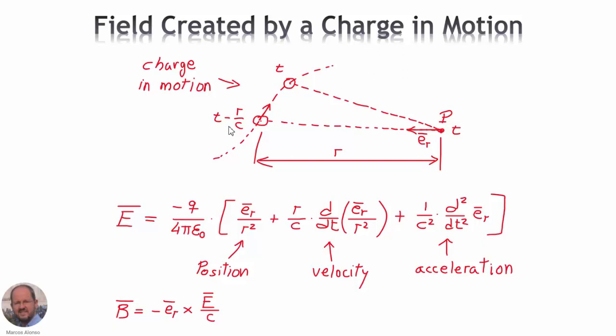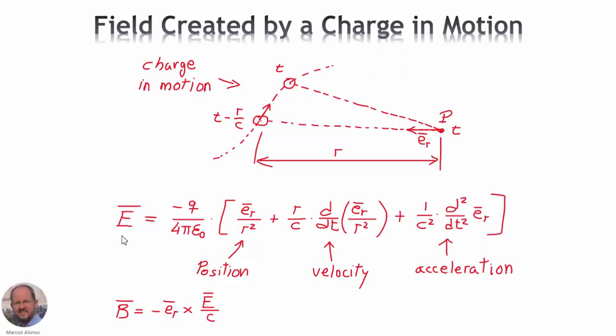If we look at the Sun, we are seeing the position of the Sun not at this instant, but where the Sun was something like 8 minutes before, because the light from the Sun needs around 8 minutes to travel from the Sun to the Earth. So the position of the charge at this instant, t minus r over c, is known as the retarded position.